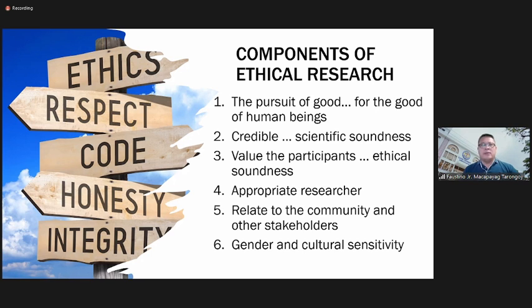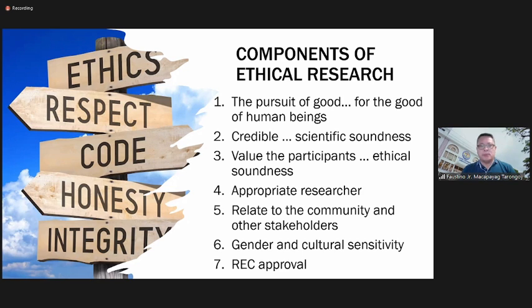So especially if your study involves tribal communities or indigenous groups, and you are involving their community, you have to consider their sensibilities and be sensitive to their culture also. And of course, last but not least, there should be an approval from the Research Ethics Committee, REC, so there has to be always a clearance.